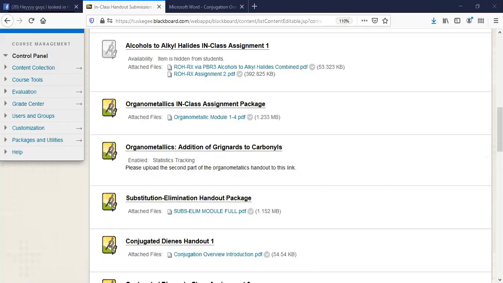Yeah, it's right here. So I'm going to post this handout here, and I'll post the other handout that has some questions on it. Let me see. Unless this is the same thing.